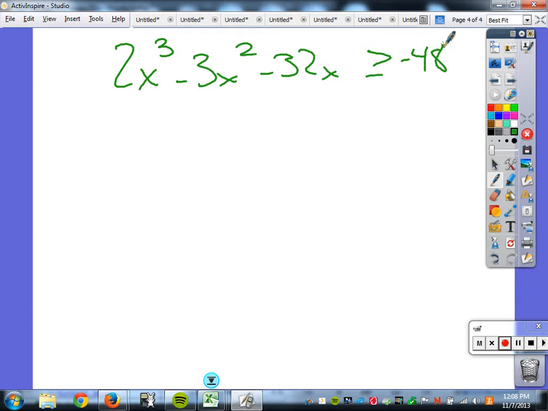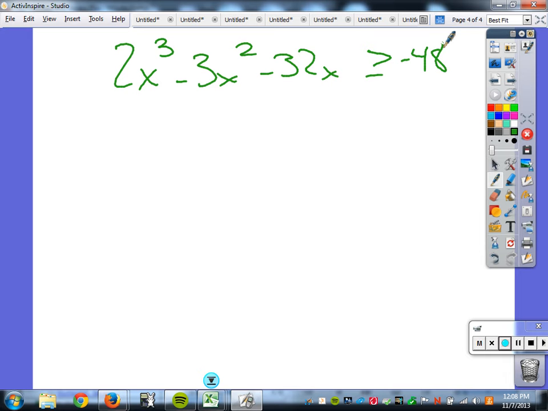Okay. So last time we had it less than 0. This time we have it greater than -48. So I could get a sketch and graph this side, trying to figure out where it is greater than -48. Or I could get everything to the other side, and then I'm talking about where it's greater than or less than 0, right?